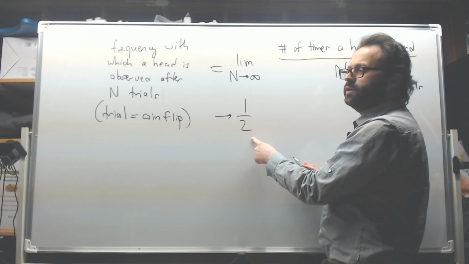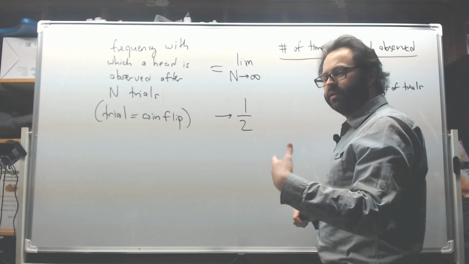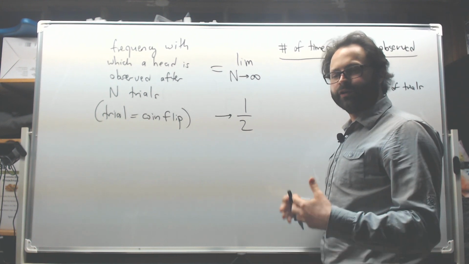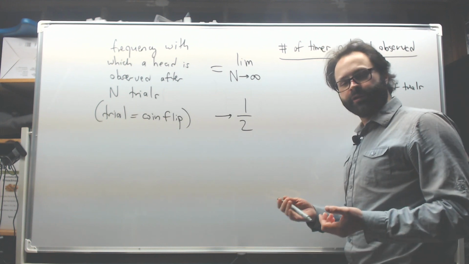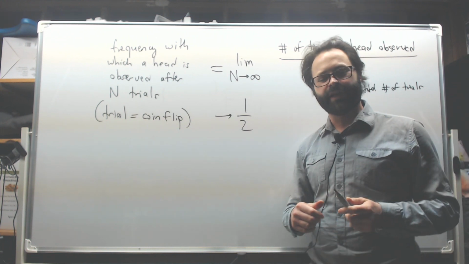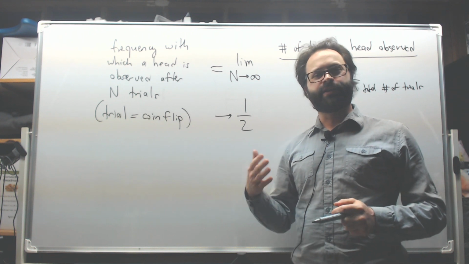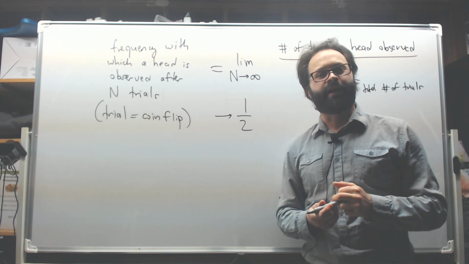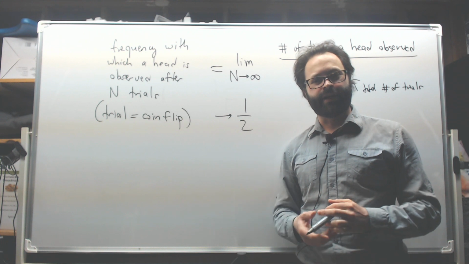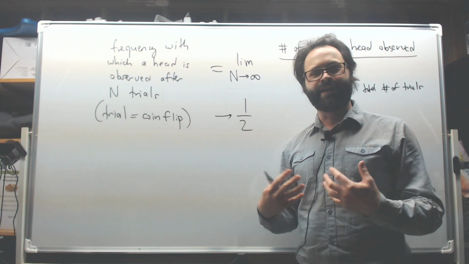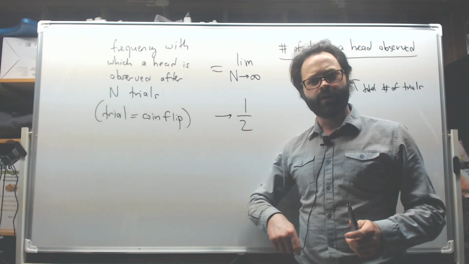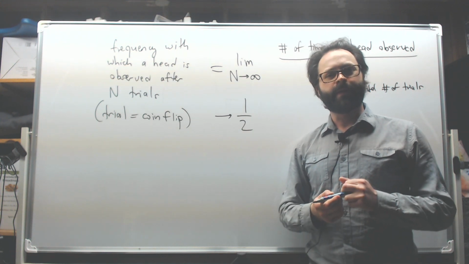And this is what we mean by the probability of obtaining the outcome head out of a total of 2 possibilities, a tail or a head. Similarly, we can imagine the probability of obtaining, let's say, the face 1 out of a 6-sided die. Now we know that a 6-sided die has 6 sides labeled 1, 2, 3, 4, 5, 6. We imagine an ideal die where no face is preferred. We imagine tossing this die.